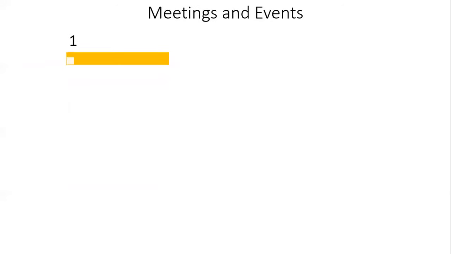All right, going into meetings and events, the first thing we talk about here is backlog refinement. Backlog refinement ceremonies are typically held in the middle of a sprint, and they're used to refine the backlog. The backlog should be progressively elaborated and reprioritized all throughout the sprint and beyond.